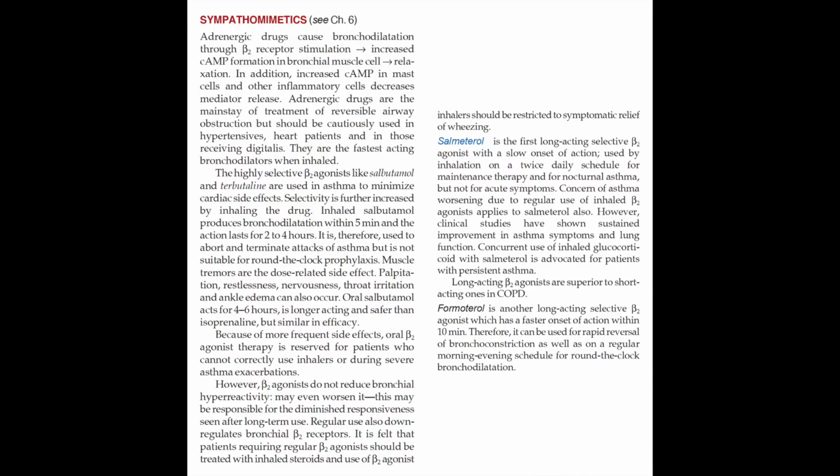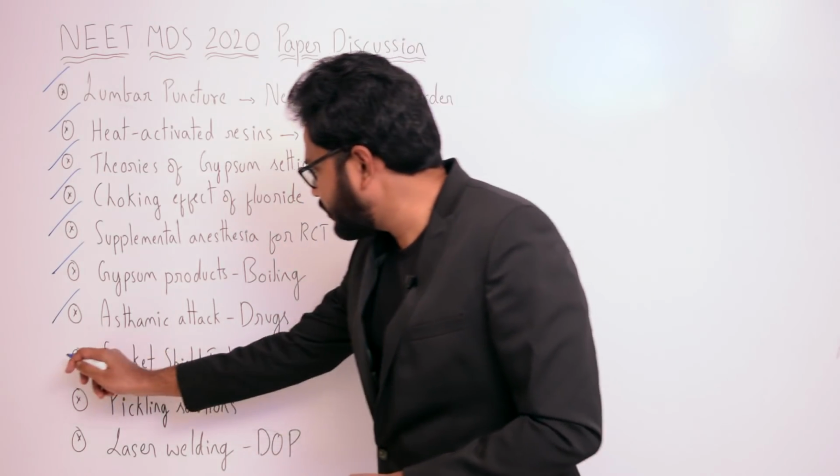Salbutamol and terbutaline are used in asthma, especially whenever there is an asthmatic attack, because adrenergic drugs, especially beta-2 stimulants, are the primary drugs for relief of reversible airway obstruction, right? Now let's move on to the next question.